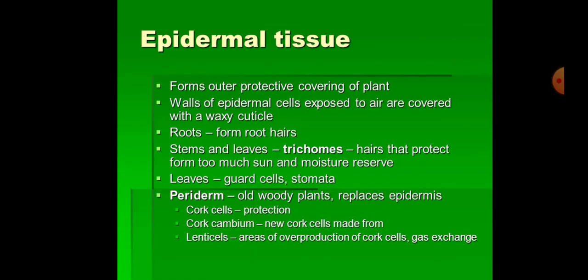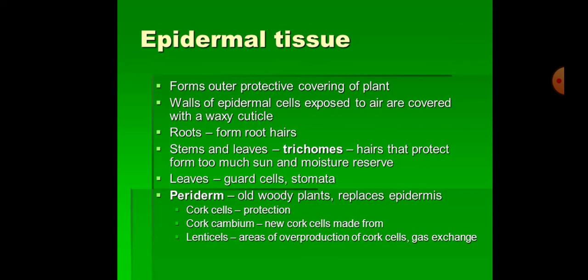Epidermal tissues form the outermost protective covering of plants. Walls of epidermal cells exposed to air are covered with a waxy cuticle. A waxy layer is present on the outer portions of the epidermal cells; that is the cuticle.